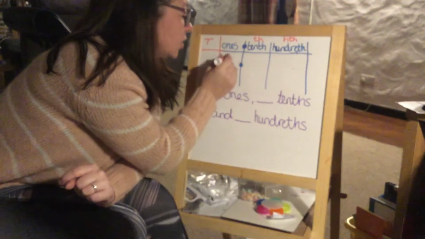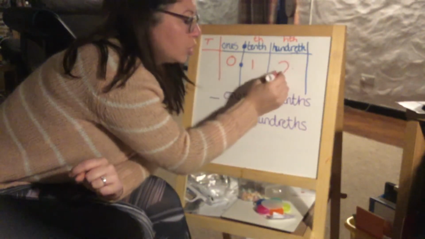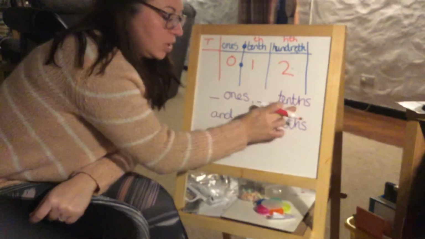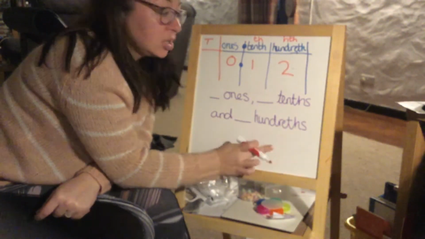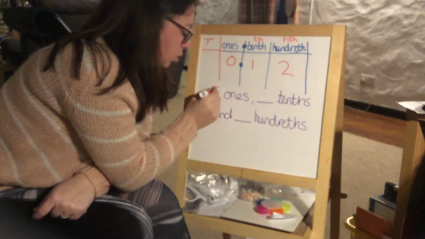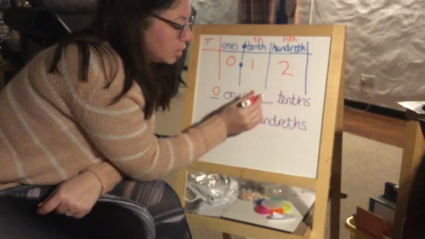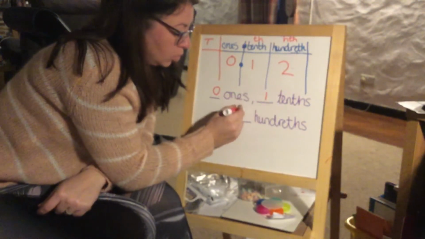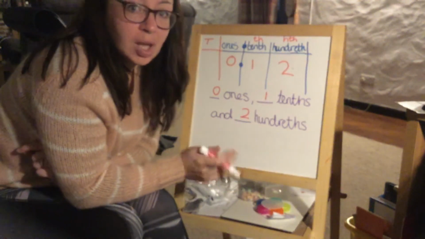So you'll be given numbers like 0.12 and asked to fill in so many ones, so many tenths and so many hundredths. So it is as simple as, well, we have 0 ones, we have 1 tenth and we have 2 hundredths, and that is it.